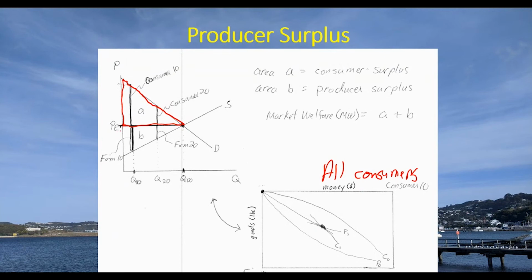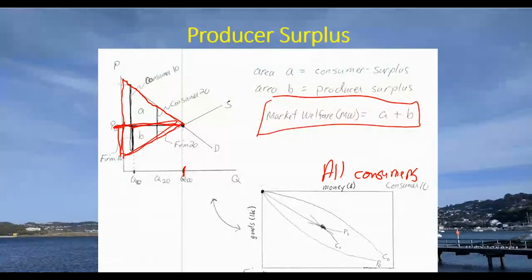And we're getting all of the increased benefits accruing to producers measured by this area B, where A represents the area of this triangle, B represents the area of this triangle down below. And so market welfare is going to be given by the sum total of areas A and B. That's how much total happiness benefits are accruing to both the consumers and the producers as a result of trades that take place at the price PE and a quantity Q100 here.